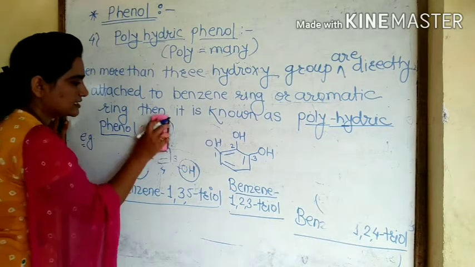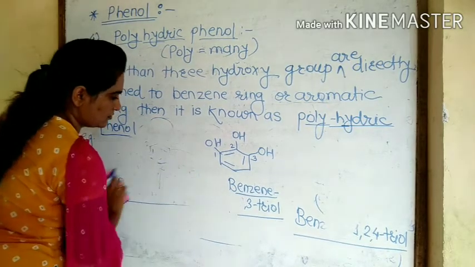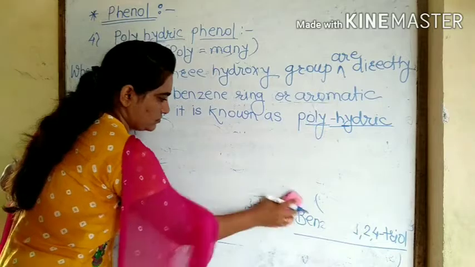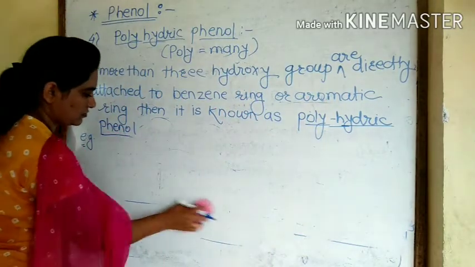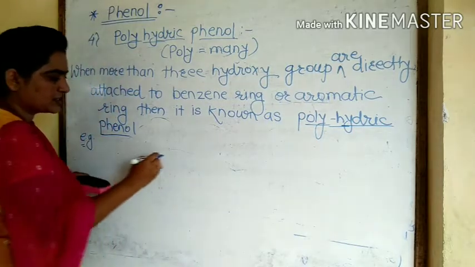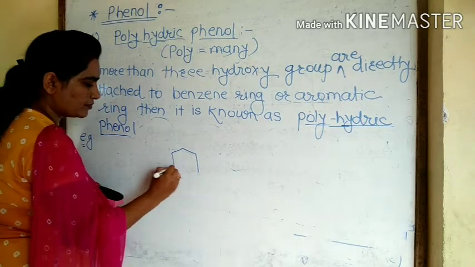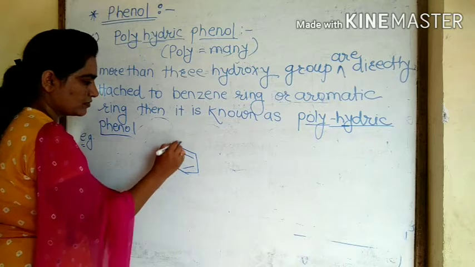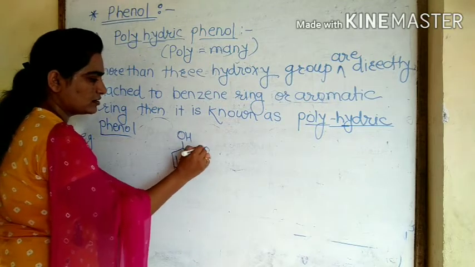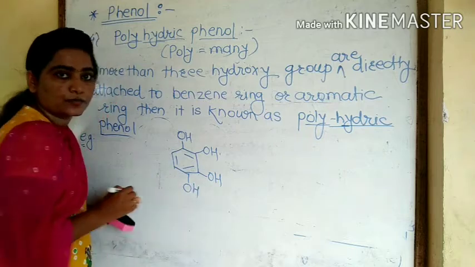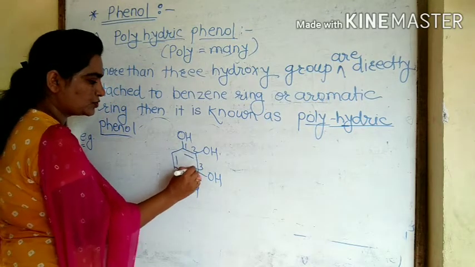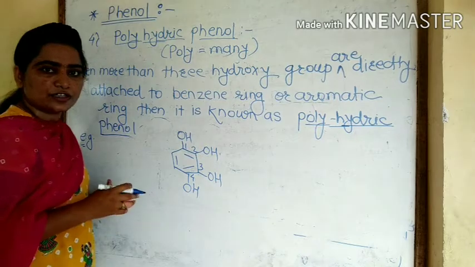So here we take an example. Suppose here presence of OH 1, 2, 3 and 4. So 4 hydroxy groups are present.